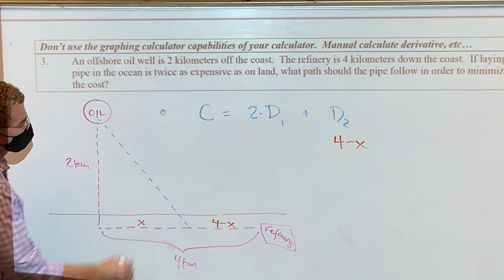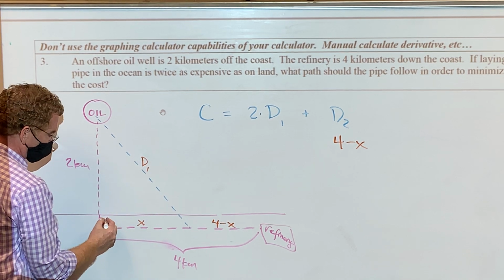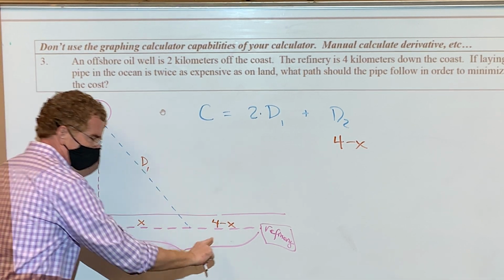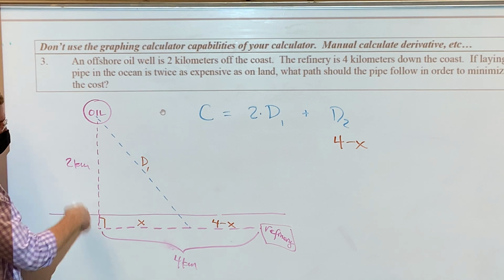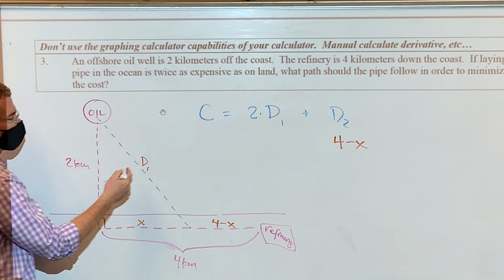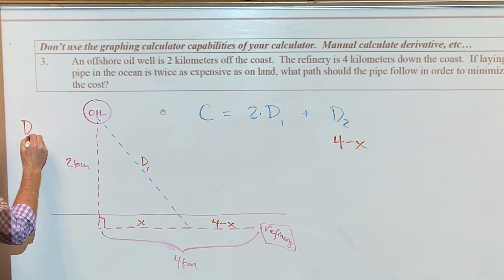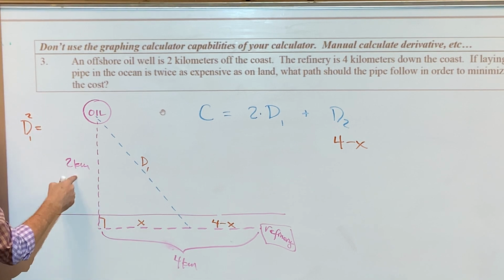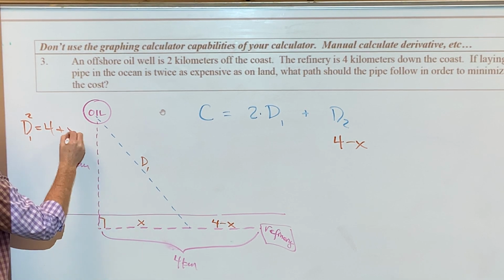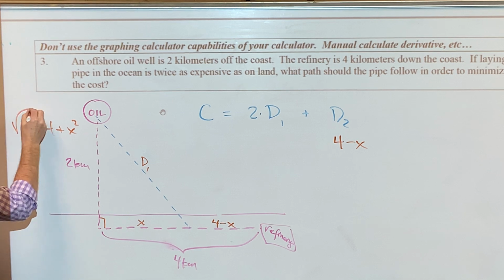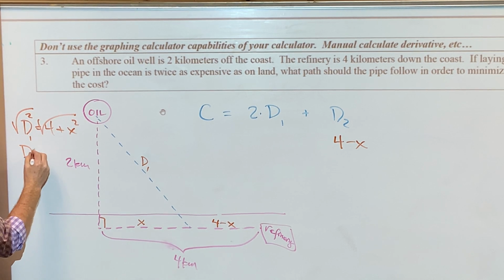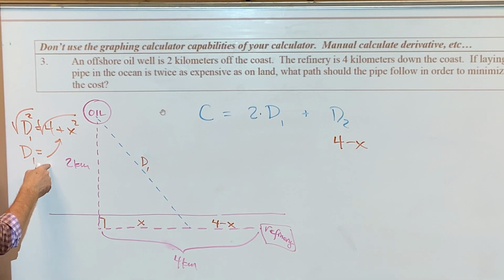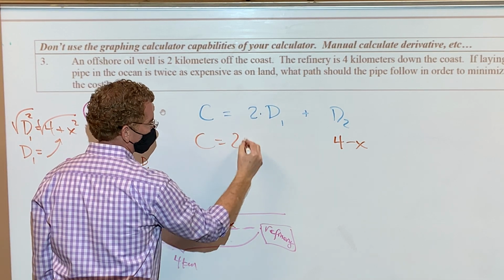Now to find this first distance, what do I now know about this that will relate me to that? Pythagorean theorem. So here I now know, all right, d1 squared equals 4 plus x squared. And if I solve for this, I get my d1 value. So I can take that and plug it in here.